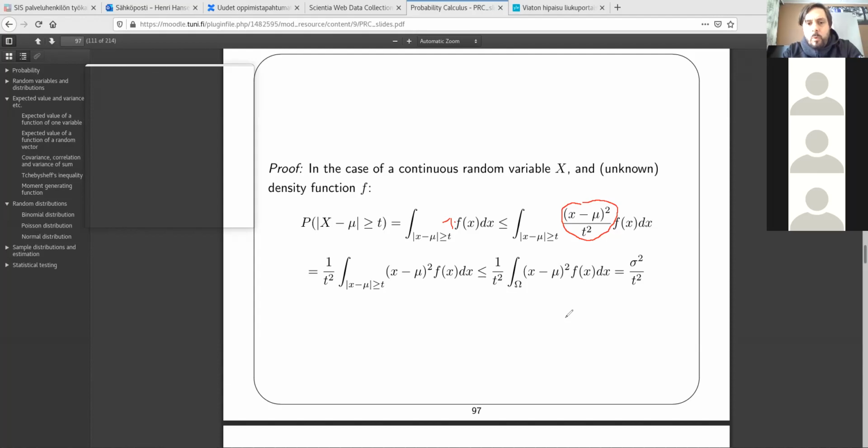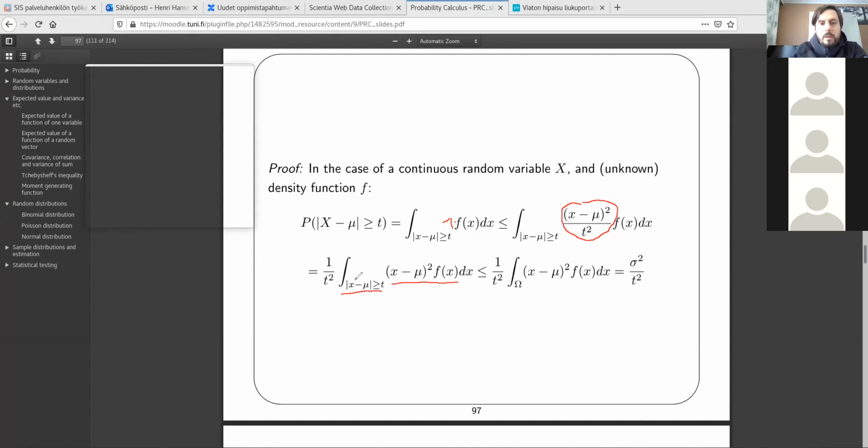Now we can take this 1 over t squared as a coefficient in front, and look at here. This is exactly the thing that we are integrating over when we are calculating the variance, but we are not integrating over the whole region in this situation.